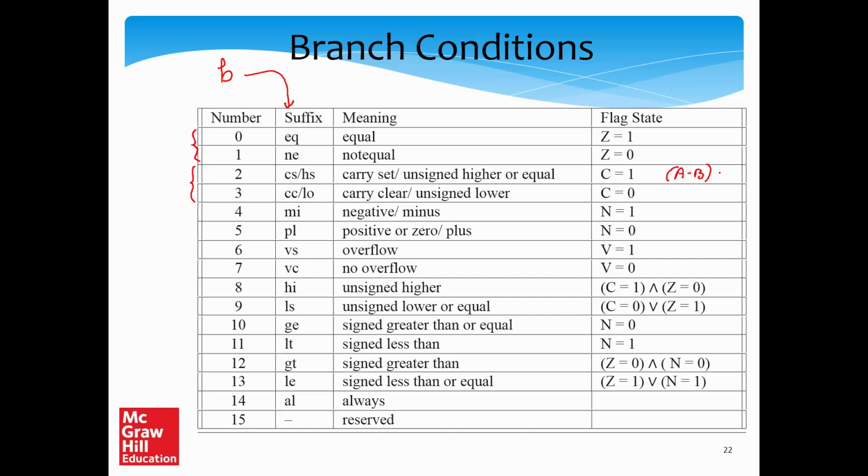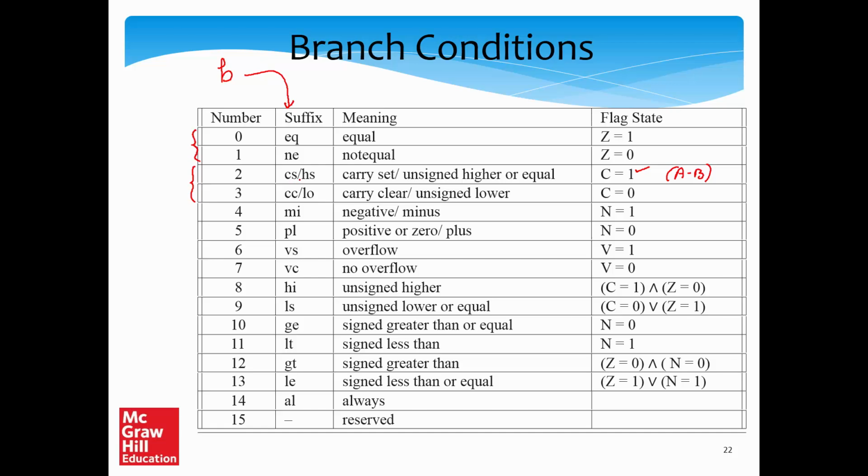So the borrow will be false, and as a result, the carry bit will be equal to 1. This is the condition that the hardware checks: is the carry bit equal to 1? In this case, this particular condition is true.